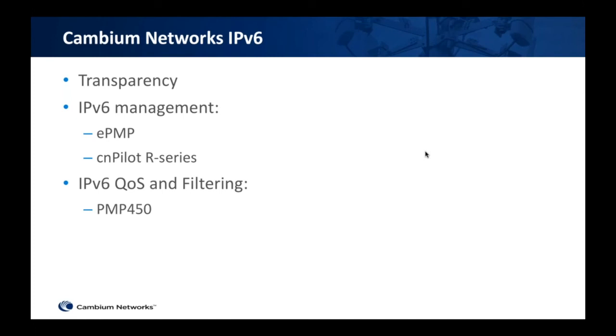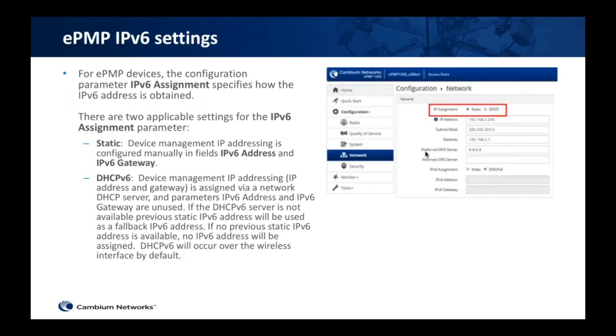On the CN Pilot R series, we also support the DHCP server for IPv6 and network address translation for IPv6. On the PMP 450, we have quality of service and filtering for IPv6 packets. So you can filter, create firewall rules or QoS rules for the IPv6 data.